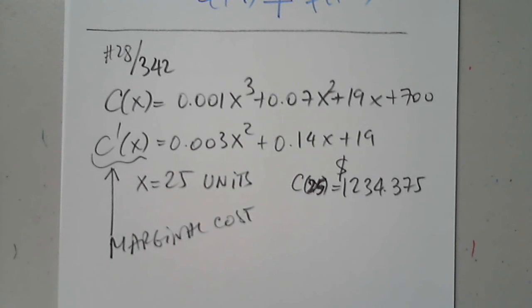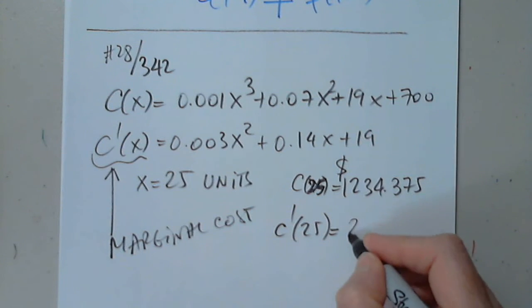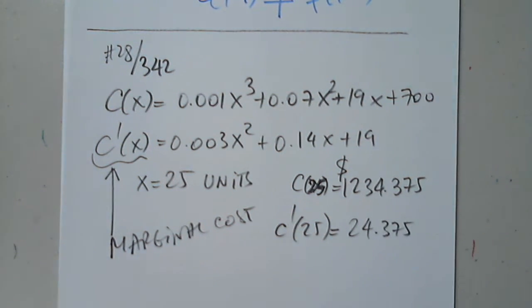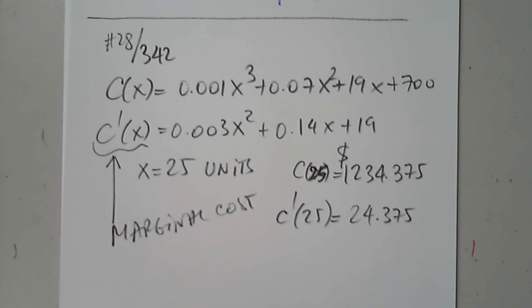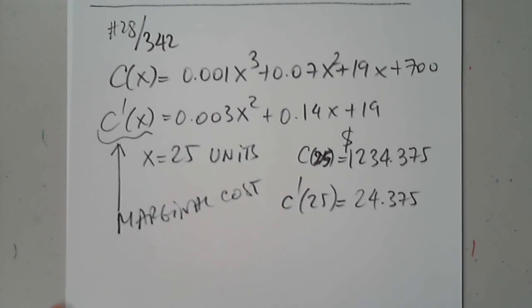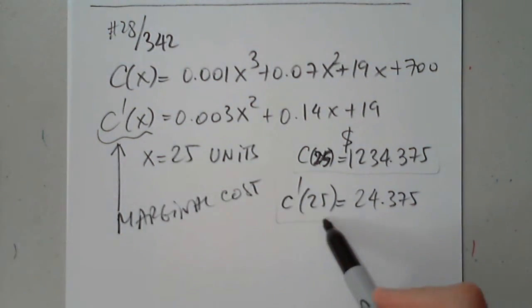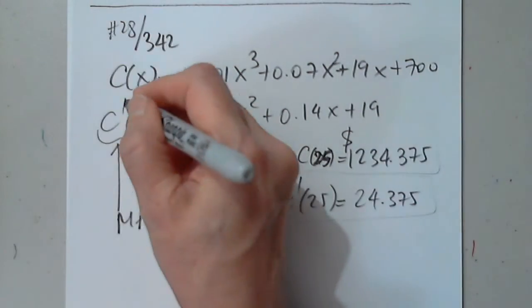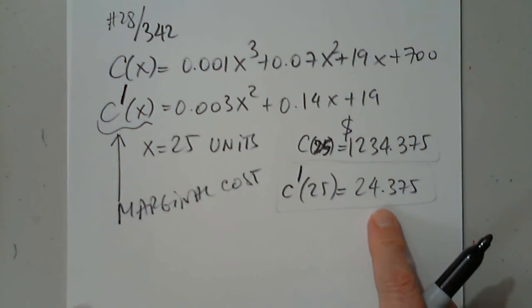But when we go to C prime of 25, 24.375, this is not dollars. What is the measurement unit for C prime? This is the marginal cost, which is the derivative. So what is the measurement unit here?